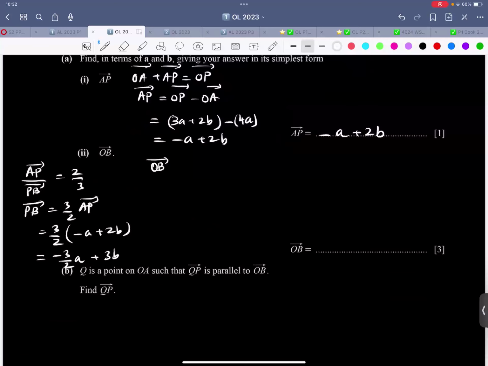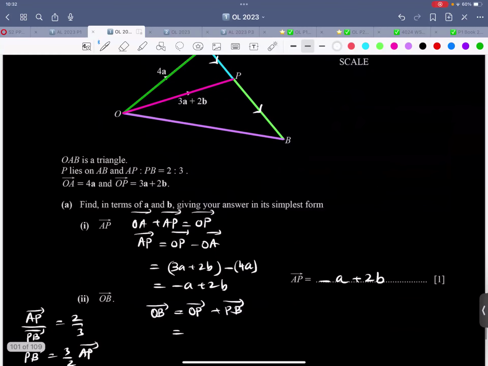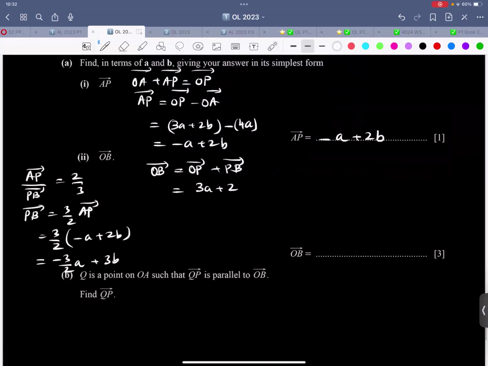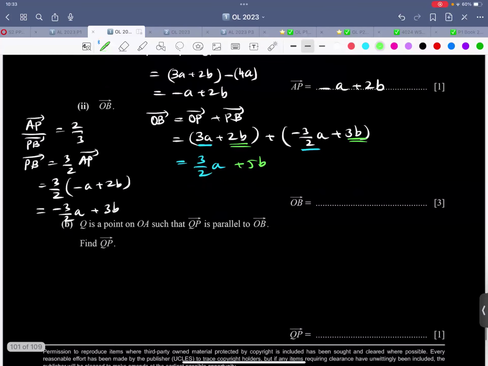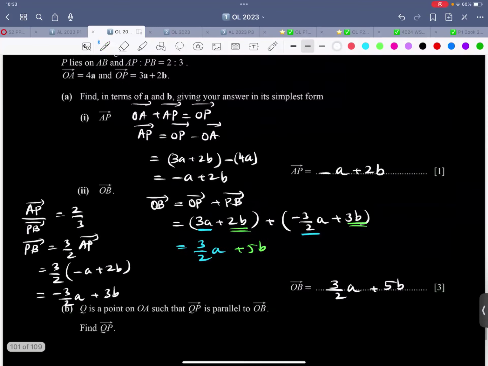OP is 3a plus 2b, and PB is negative 3/2 a plus 3b. If I add it properly, this is 3a minus 3/2 a, that is positive 3/2 a, and then 2b and 3b add to 5b. So 3/2 a plus 5b is OB.